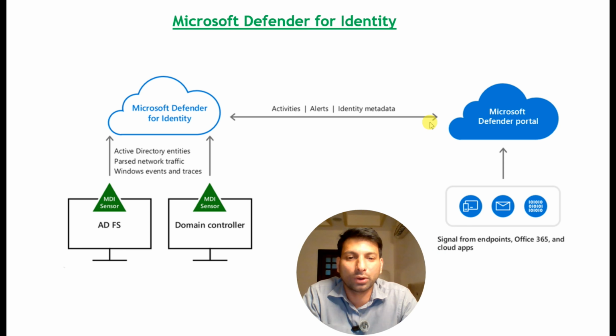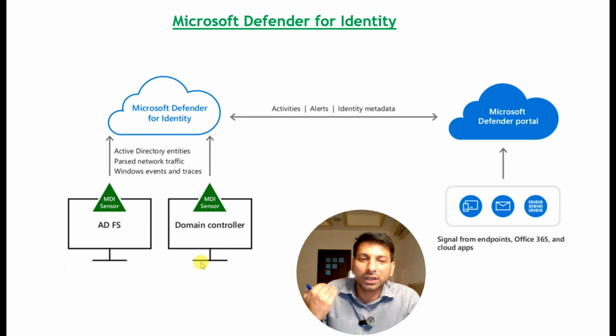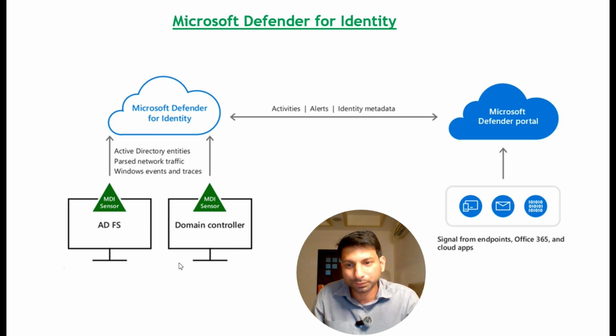As seen in the official documentation, the Defender for Identity sensors are installed on the domain controllers, AD FS, and Active Directory Certificate Services servers, and they collect all the audit logs and event logs related to activities and traces. It collects those activity alerts and sends them to the Defender portal.